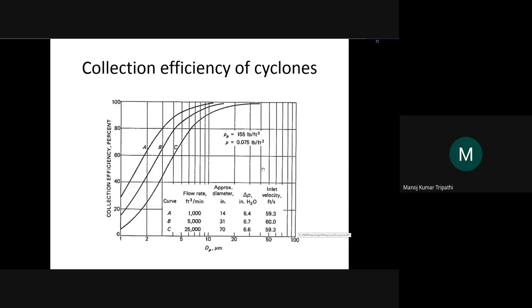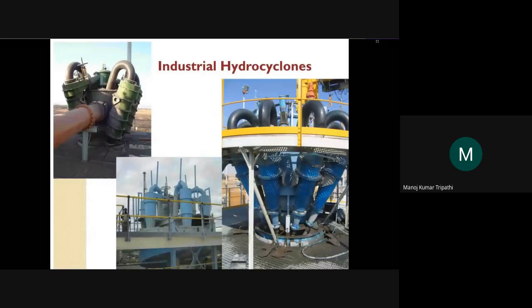If I show you some industrial hydrocyclones or cyclones, they look like this and they work in parallel. So you have several cyclones working in parallel. You can see here, in the first image, the left top image, the top part that is coming out of this cyclone gives you the clean air.